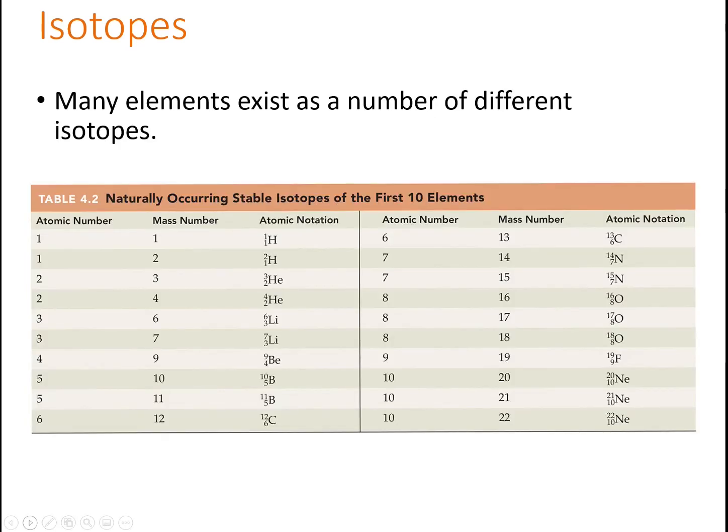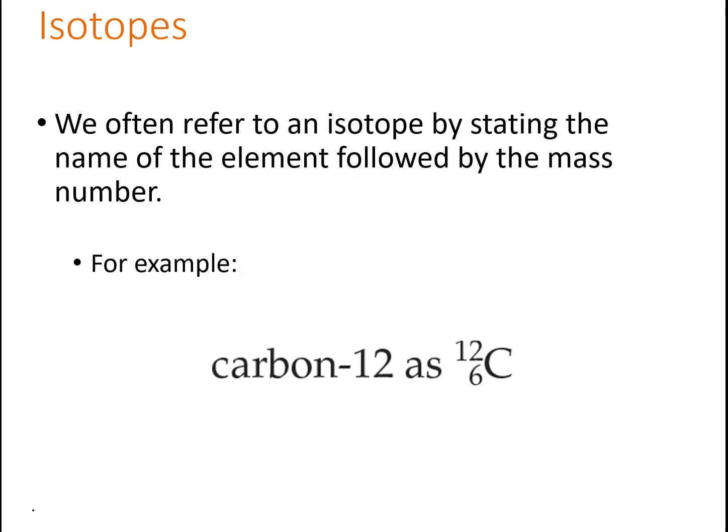That's just one example. This table has a number of examples of elements and their isotopes. You don't need to know this table. This is just for your reference. When you're referring to an isotope, you're usually going to refer to it as the element name followed by the mass number.